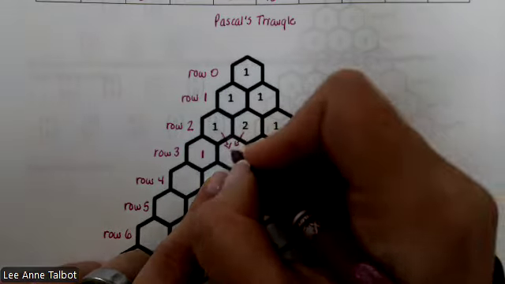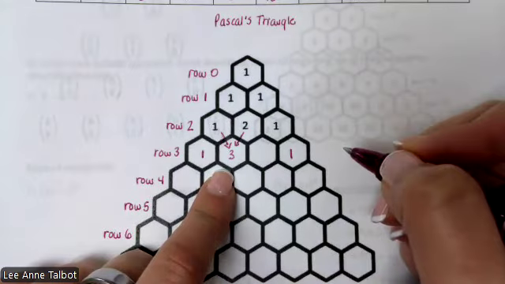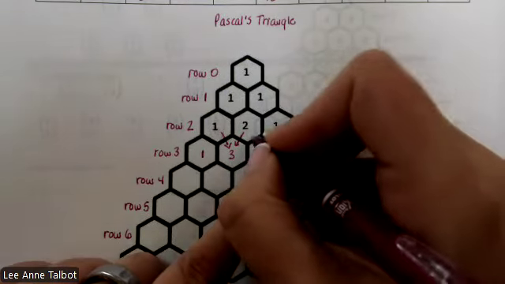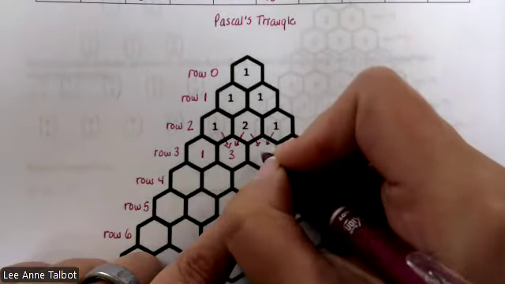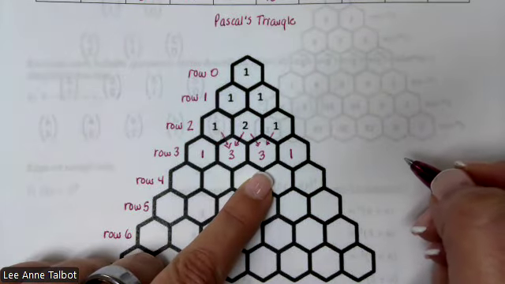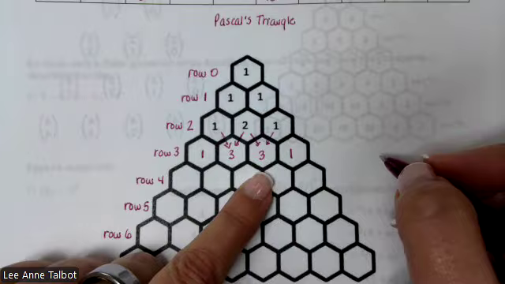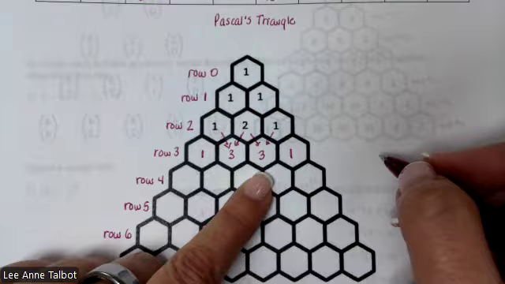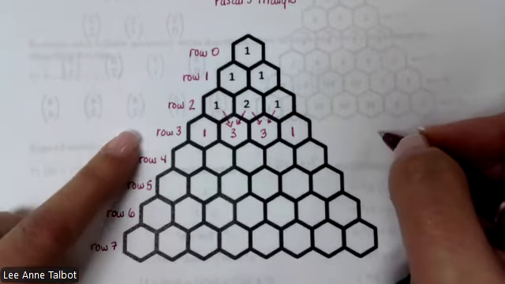So 1 plus 2 is 3. 2 plus 1 is 3. So much easier than the pattern detection we were trying to do. I mean, what we did was cool, but this is way easier.